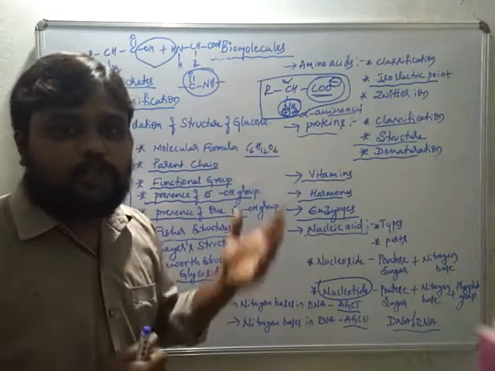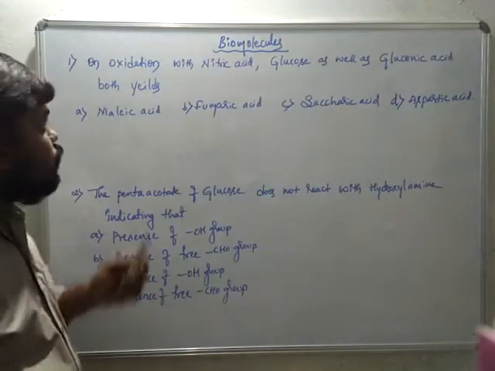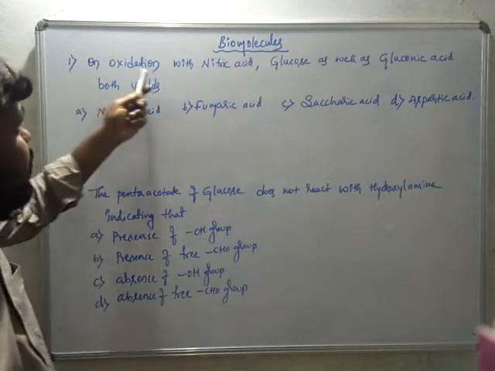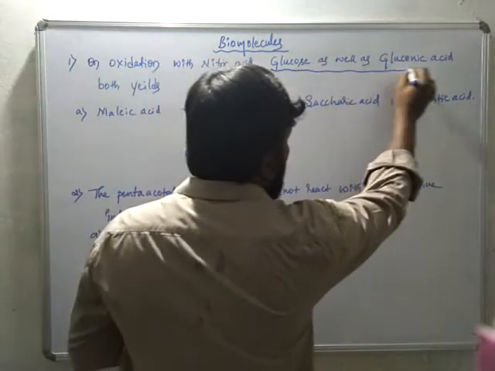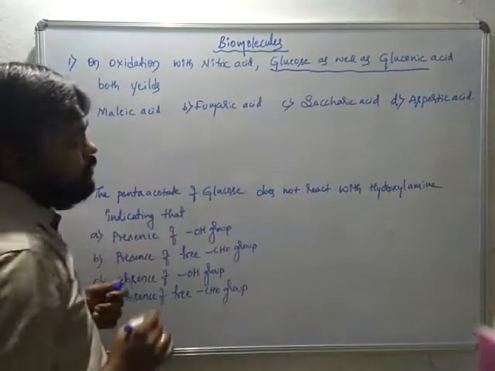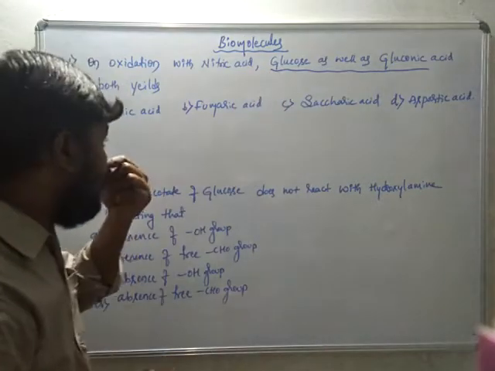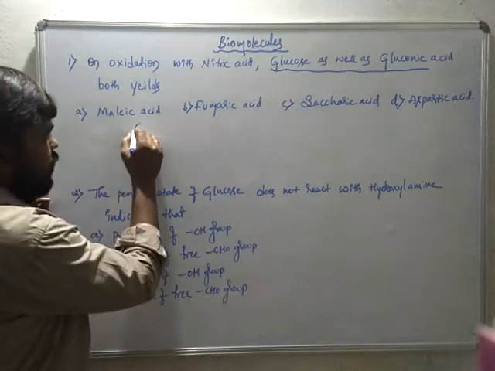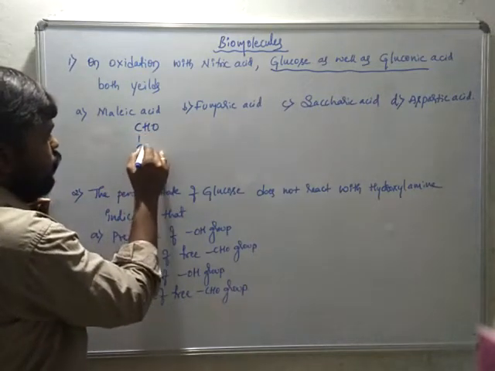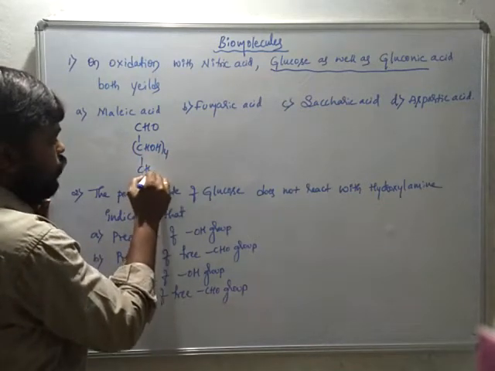Let me see some questions now. The first question: on oxidation with nitric acid, glucose as well as gluconic acid both yield what? The partial structure of glucose is CHO, (CHOH) taken 4 times, CH2OH.